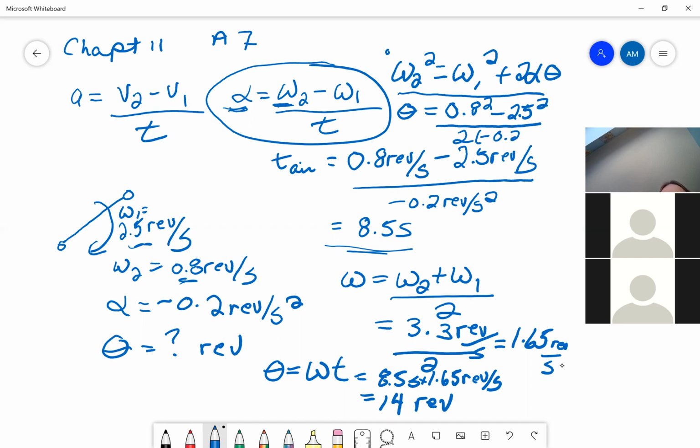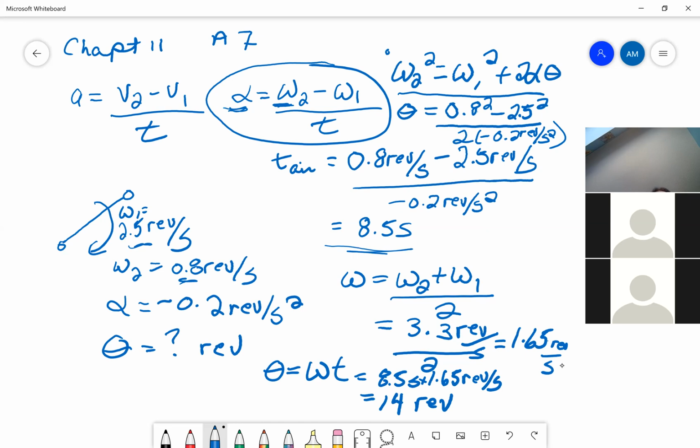And these are going to be revolutions squared per second squared, and this is going to be revolutions per second squared, and you're going to be left with revolutions. And I think if you do this, 0.8 squared minus 2.5 squared divided by 2 times negative 0.2, you'll also get 14.